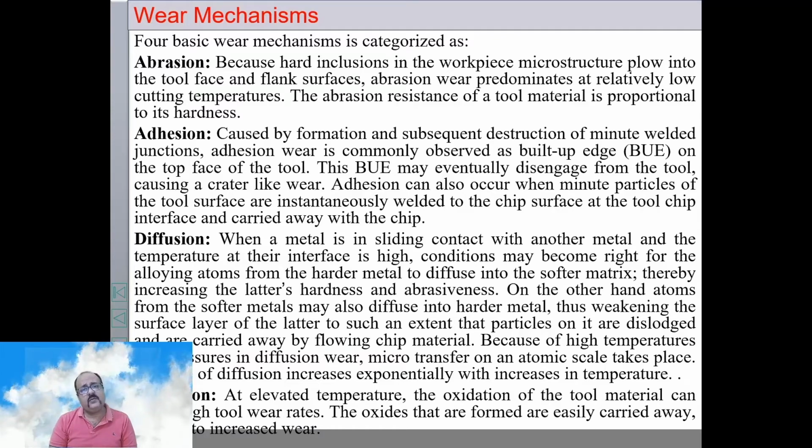So a particular wear can happen by a combination of one or more wear mechanisms. All the wears can be attributed to one of the four wear mechanisms or more.